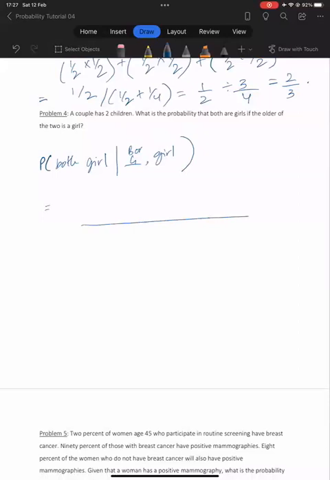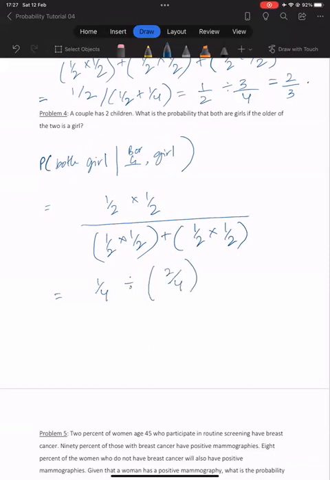So both girl में we have half into half, and then it can be both girls or it can be a boy. And then it should come out to be 1/4 divided by 2/4, which is half.